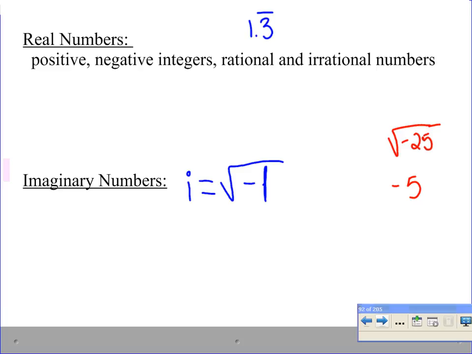Correct. Negative 5 times negative 5 is not negative 25. So you are not allowed to have a negative inside a square root, which leaves us with the definition of imaginary: i, the representation for an imaginary number, is equal to the square root of negative 1.